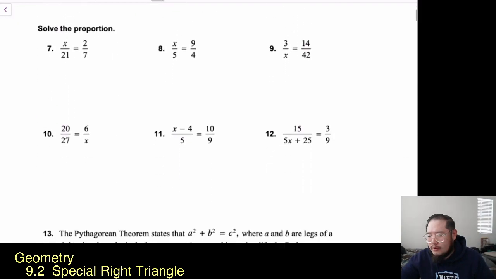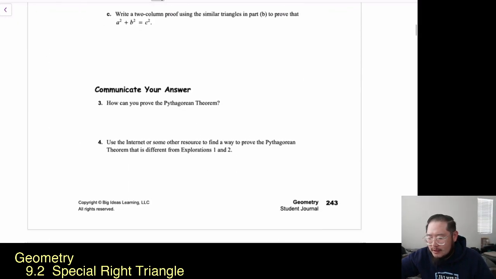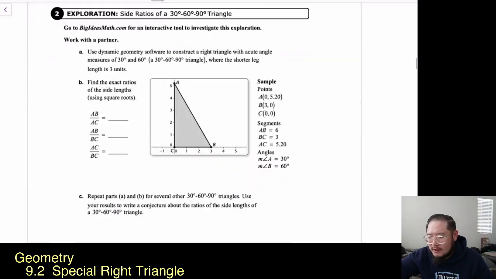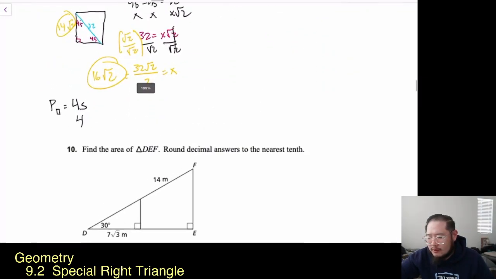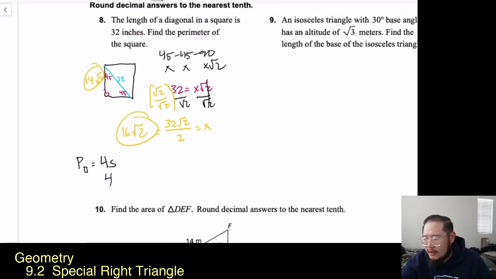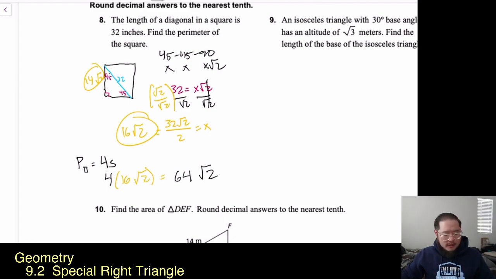Oh no, I don't know what happened there. Things got moved around. Let me go back to the section that we need to be at, which is right here. And so we're going to go ahead and plug in 4 times 16 rad 2. So we go ahead and multiply that out, and then we get ourselves 64 rad 2. All right, if we round this to the nearest tenth, you got to plug that into your calculator right here.